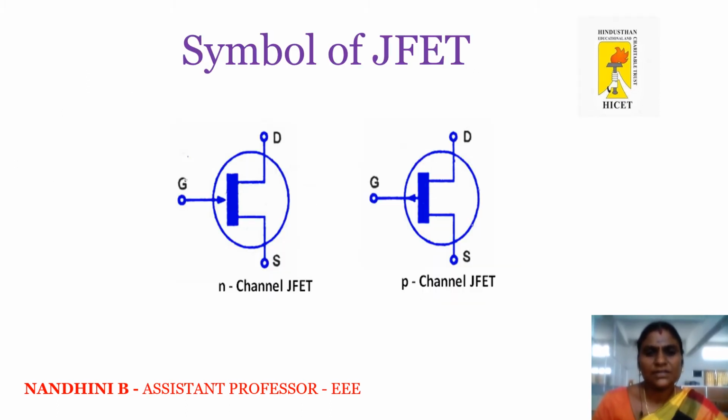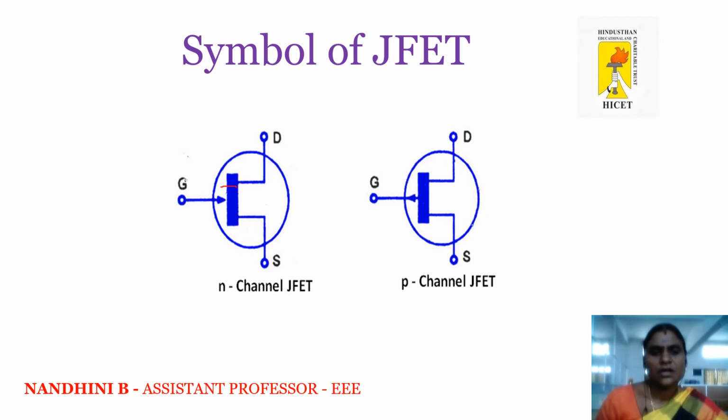Next is the symbol of JFET. We have shown all the three terminals, gate, drain and source, in both the N-channel and P-channel JFET. The difference between the N-channel JFET and P-channel JFET is the arrow of the gate.